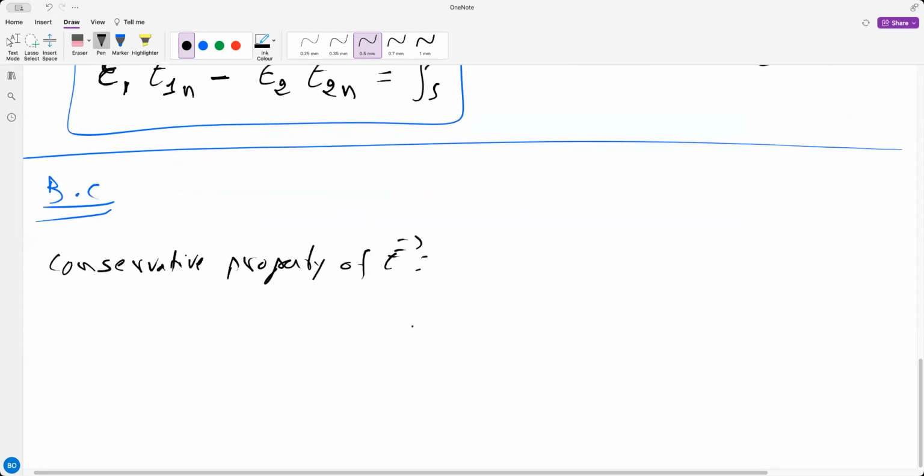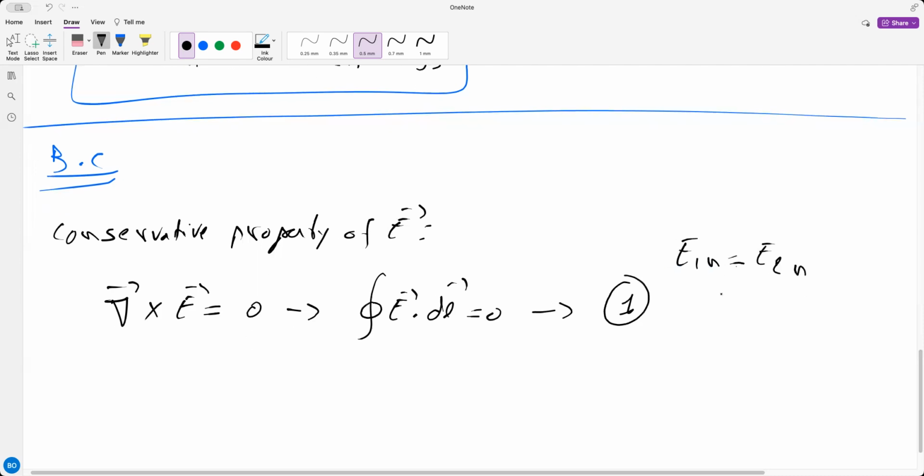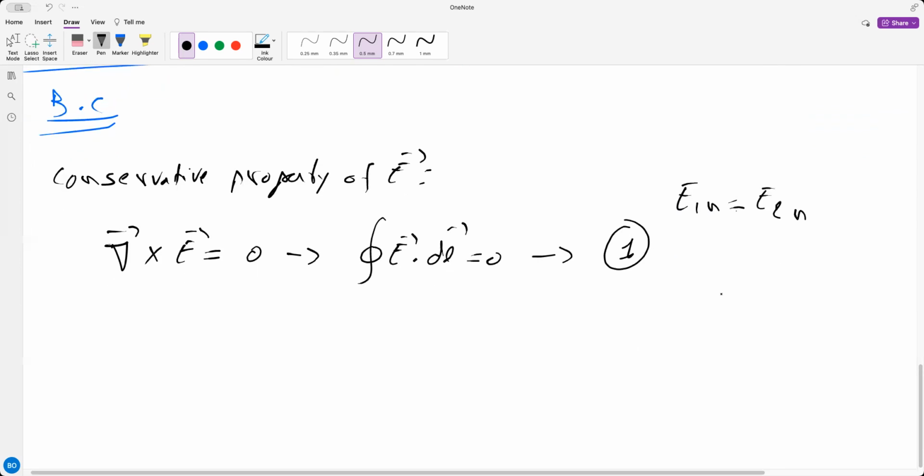We said when an electric field or a vector is conservative, this means that the curl of the quantity is equal to 0. And because of the Stokes theorem, this means that the closed line integral of E dot dl is equal to 0. Okay. This gave us equation number 1. E1 tangential is equal to E2 tangential. Okay. This is the first one.